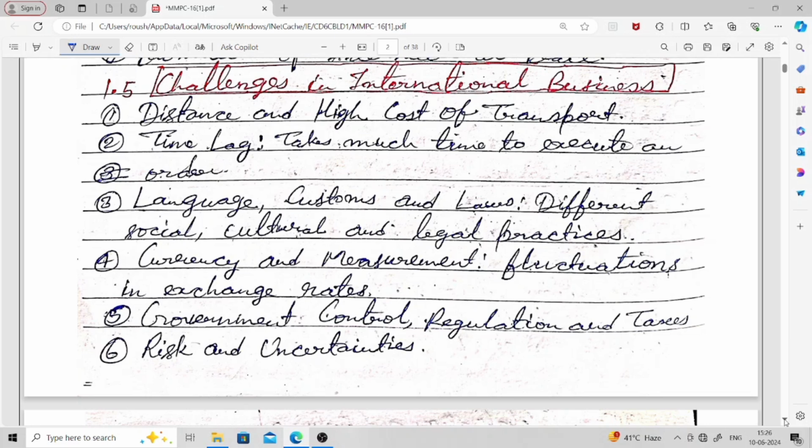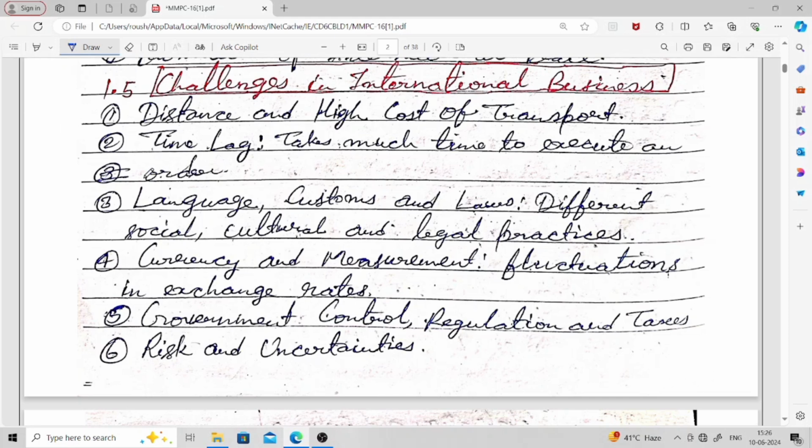It is the placing of the order through to the transportation, and many other factors are there in the supply chain. That's why there is the time lag to execute the order.